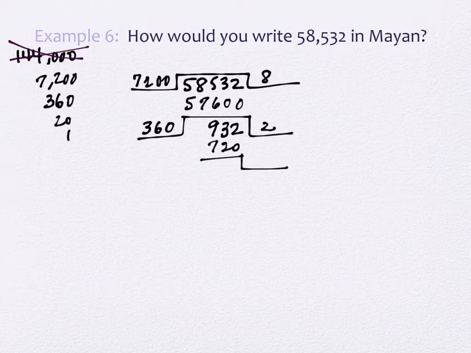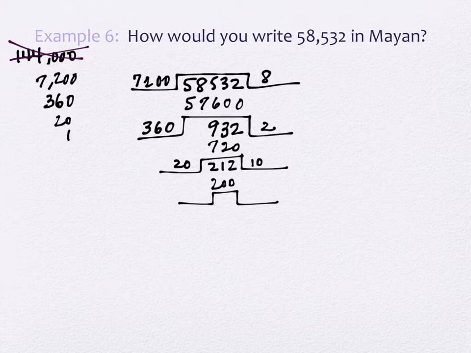And if I subtract, what do I get? 212. Okay, moving down in place value, I now have the 20s place. So how many 20s go into 212? 10. 10 times 20 is 200. 212 minus 200 would be 12.